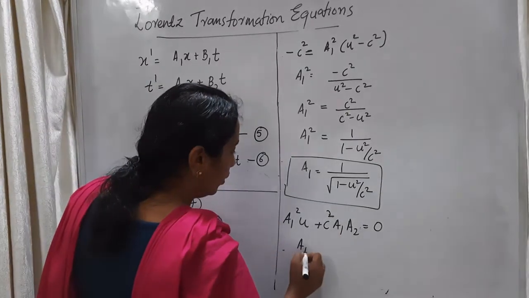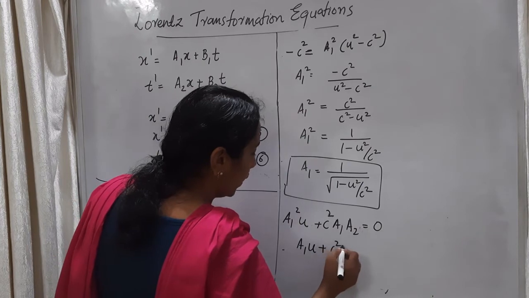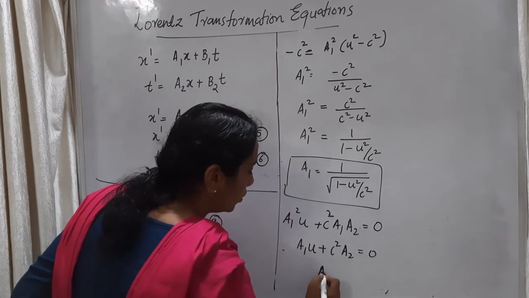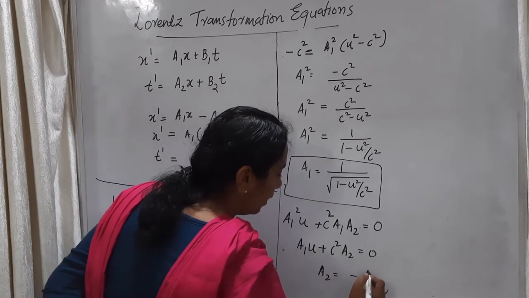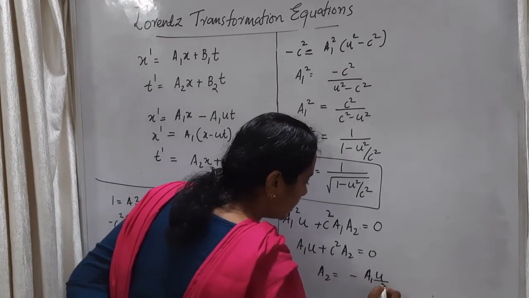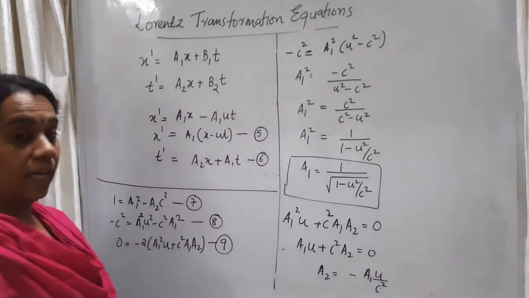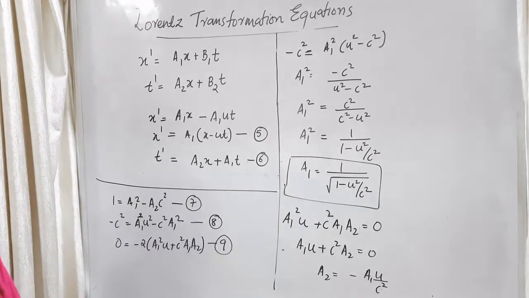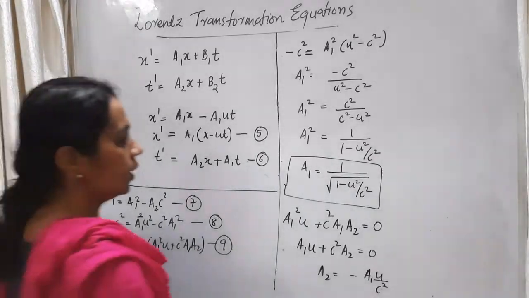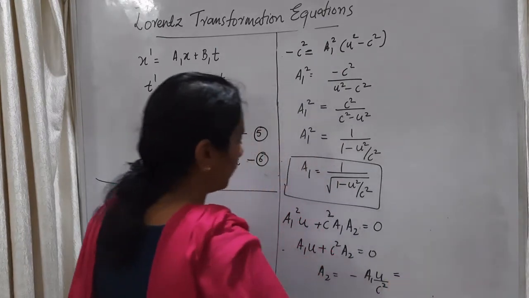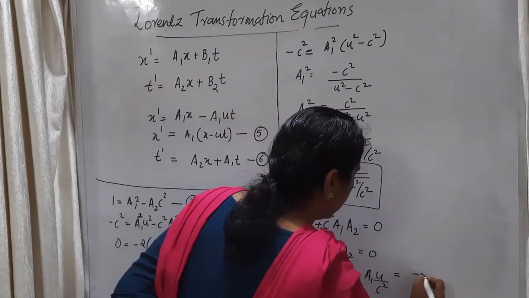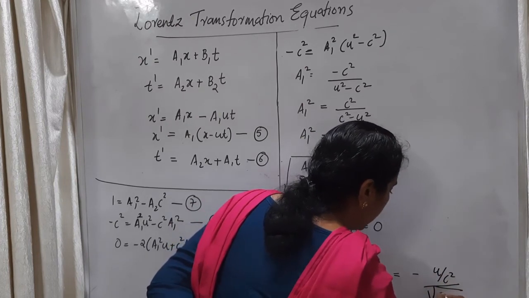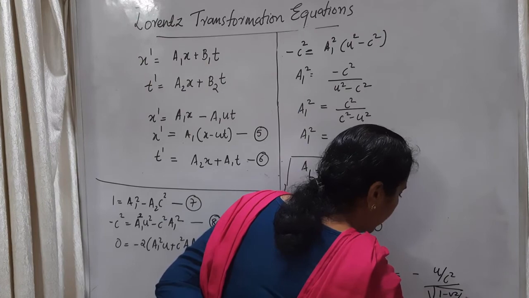So you get a1 u plus c square a2 is equal to 0, or a2 is equal to minus a1 u by c square. So a1 is 1 by root of 1 minus u square by c square. So you can write this as equal to minus u by c square by root of 1 minus u square by c square.